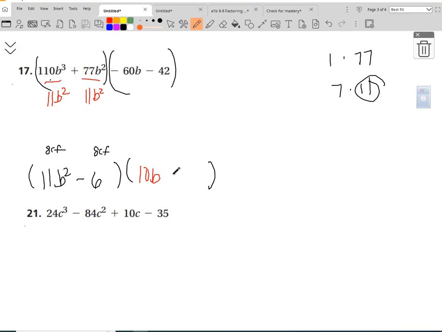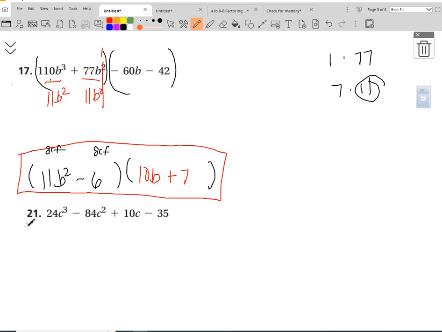It's plus 77 divided by 11 is 7, and b squared divided by b squared is 1. I do need this work. It's very little work, but you won't get credit without that little bit of work. And that's your final answer. Any questions?